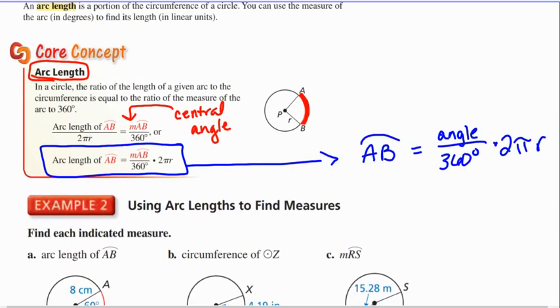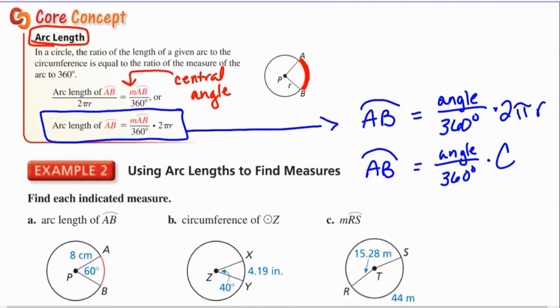Okay, so times the circumference, right? So I could also rewrite this and say that this is AB equals the angle over 360 degrees times the circumference. And if I just put a capital C there, now I can either use 2 pi r or I can use pi times the diameter d.